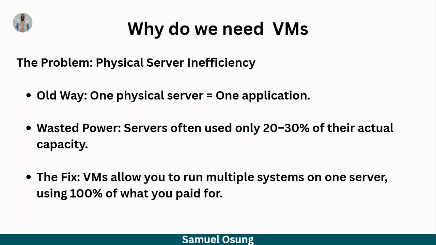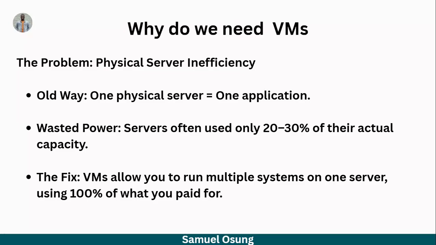So why do we need virtual machines? Now, before virtual machines existed, things were very, very inefficient. Companies would buy one physical server and run only one application on it.